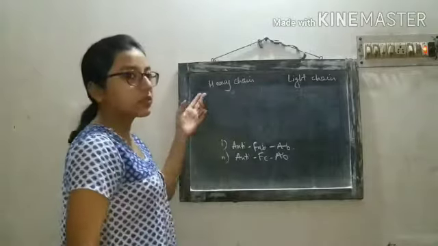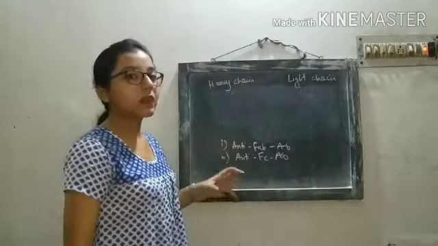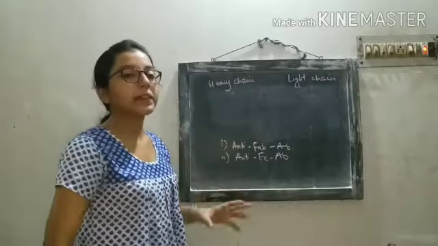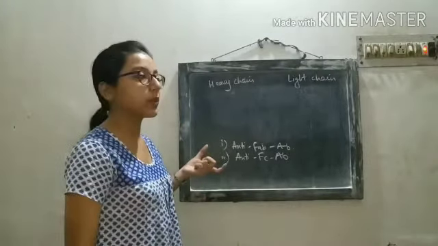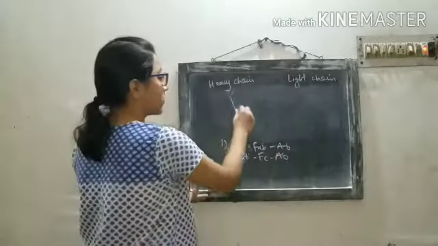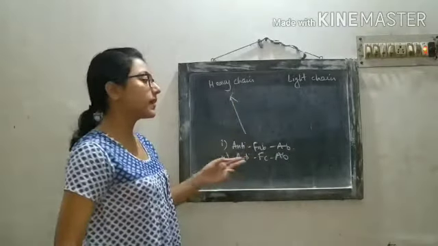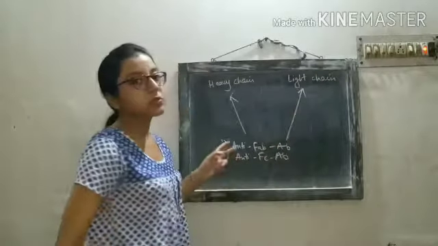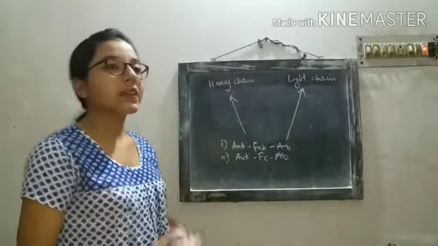So these are the 2 agents which are taken for this round of experiment. Now the heavy chain and the light chain were separately incubated with these 2 types of antibodies. So heavy chain was incubated with anti-Fab antibody and anti-Fc antibody, and light chain was also incubated with these 2 types of antibody. And now the results were analyzed.